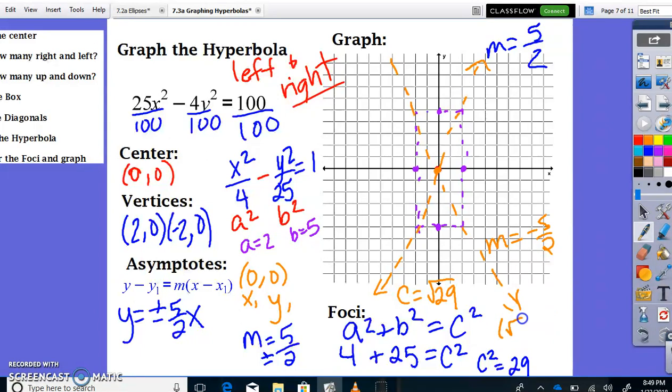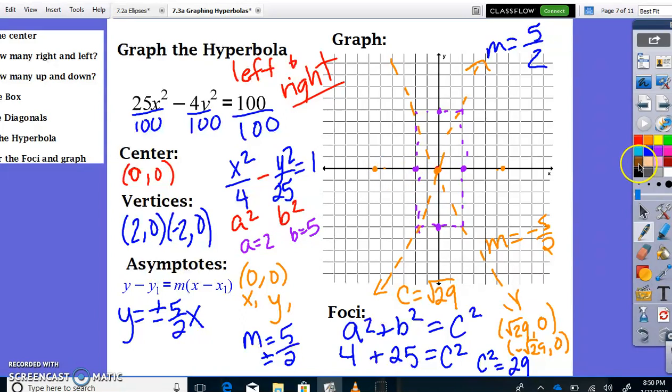These are on the x-axis again, so it's going to be the square root of 29, 0, and negative square root of 29, 0. The square root of 29 will be approximately 5.4. So 1, 2, 3, 4, 5.4, and 1, 2, 3, 4, 5.4.